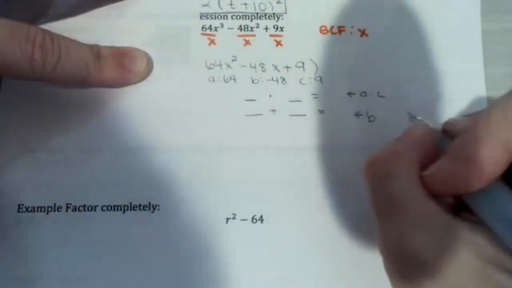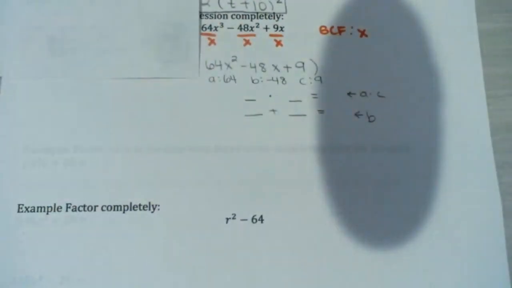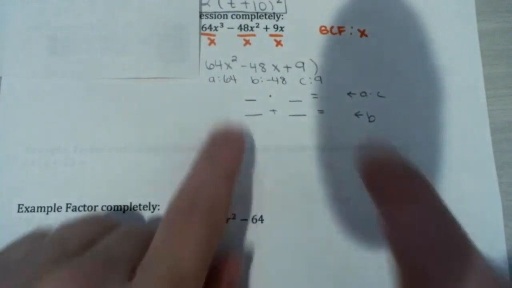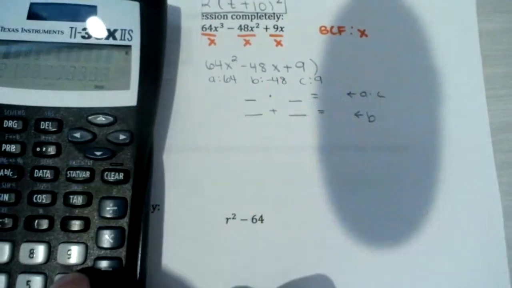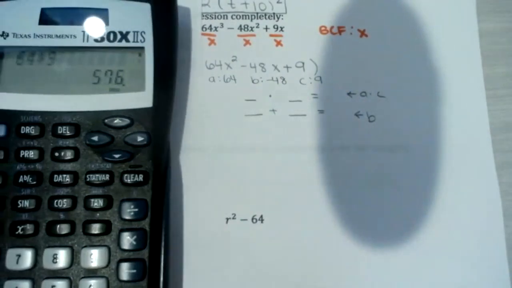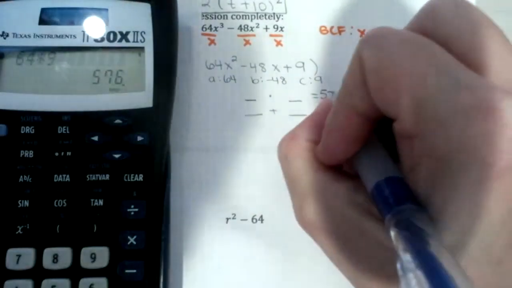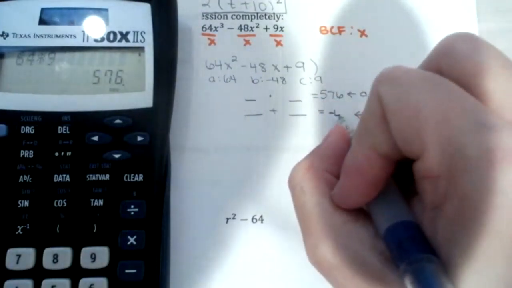So two numbers that multiply together to give us A times C. So 64 times 9, which would give us 576. And the same two numbers add together to give me B, which is negative 48.